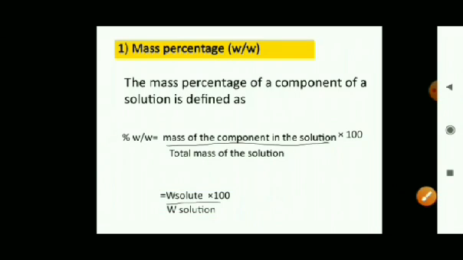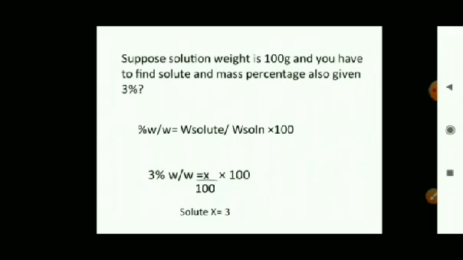Then the second term which is used here to express concentration, but before that I want to give one example. Suppose the solution weight is given to you as 100 gram. Your solution means what, the mixture that we get by mixing solute and solvent, that is what your solution is, isn't it?